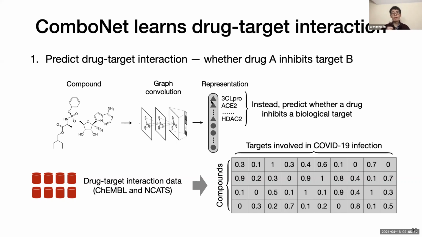This is indeed a matrix completion problem, but we are not using these dimensionality reduction methods. Instead, we rely on the graph neural network to learn the representation for us. Basically, I'm predicting whether this drug inhibits, say, ACE2 or 3CL-Pro, based on this graph convolutional network. Perfect. So in a way it is non-linear, and that's why it can capture these spikes better than traditional SVD-based methods. Thank you.